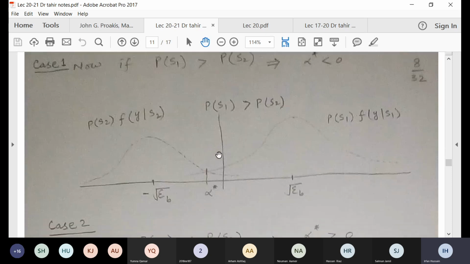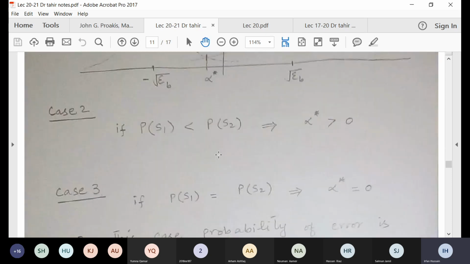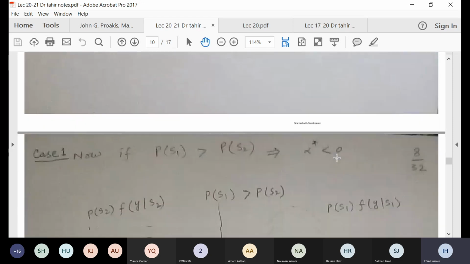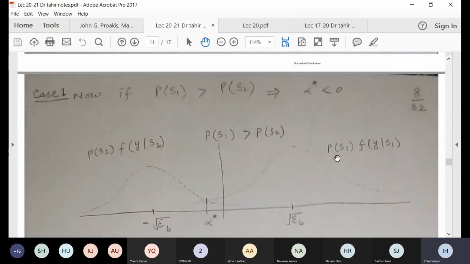Similarly, you can find for PS2 greater than PS1, in that case you can see that alpha will be greater than 0, it will be a positive number. And once they are both equal, then you can see alpha will be 0, as was the first case that we discussed. So if they are both equal, log natural of 1 is 0, hence alpha comes out to be 0.